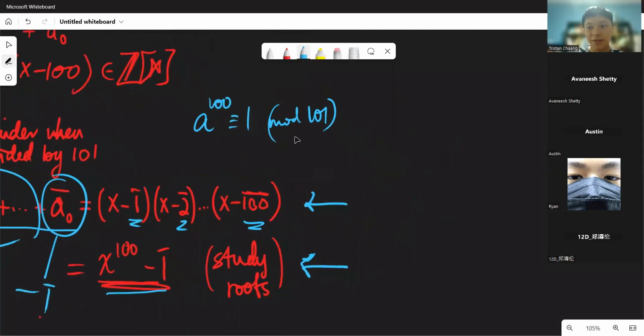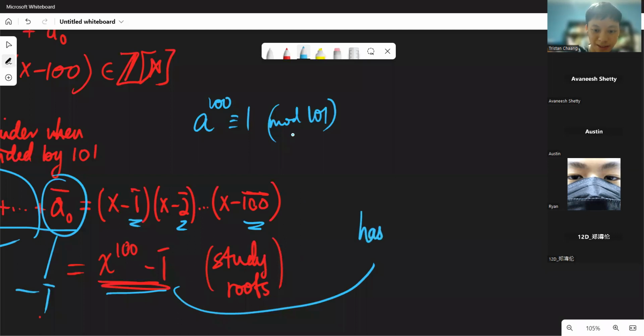So by Fermat's little theorem, any non-zero residue to the power of 100 equals 1. So that means this polynomial has roots 1, 2, and so on until 100. They all satisfy this thing to be 0 after plugging in.